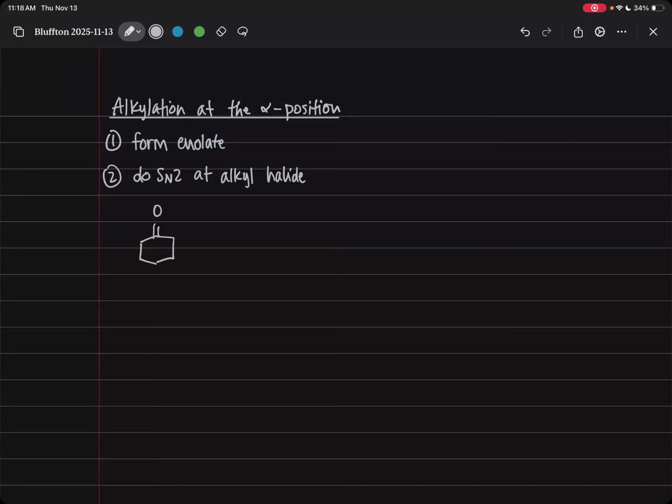So we'll take a ketone, and there's our alpha hydrogen. SN2 is substitution nucleophilic bimolecular, a single-step process with one transition state. And then we need to make the enolate.